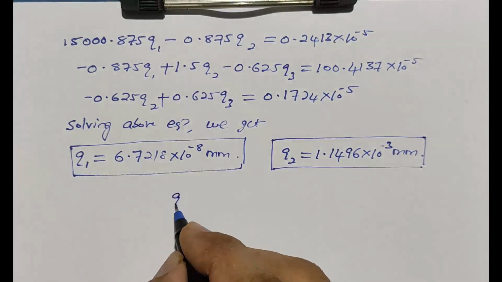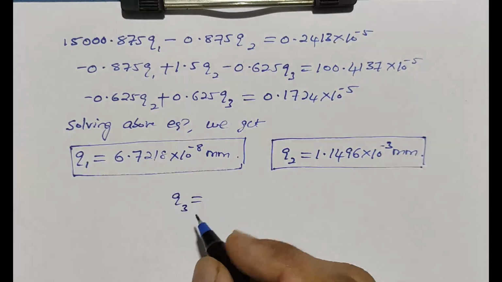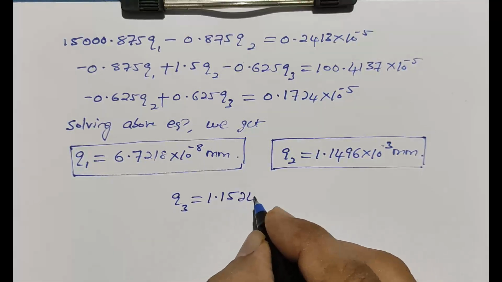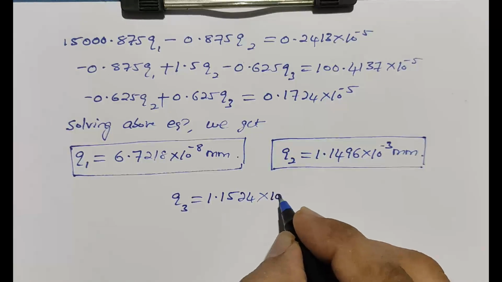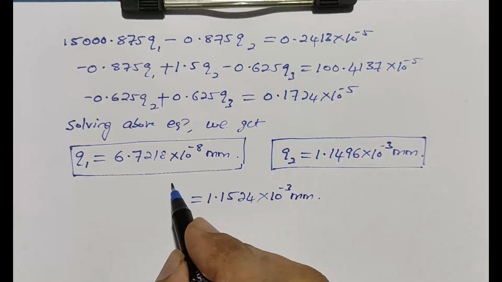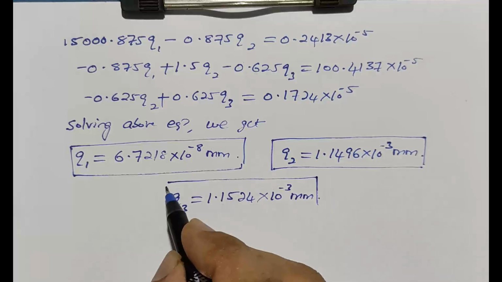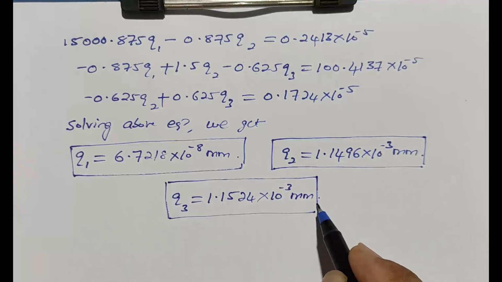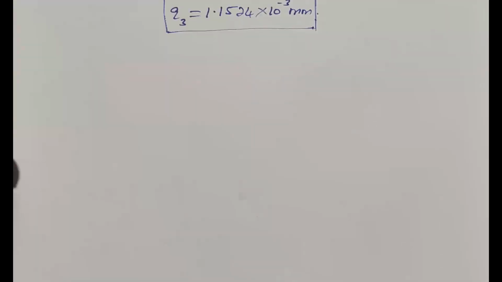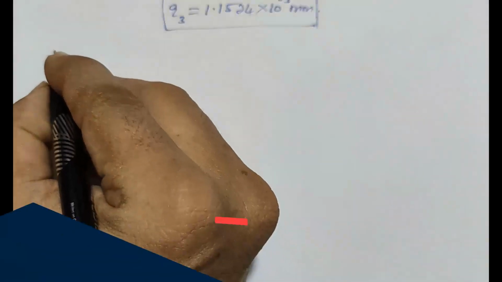And Q3 is 1.1524 into 10 power minus 3 mm. These are the nodal displacements Q1, Q2 and Q3. Next, we need stress in each element.